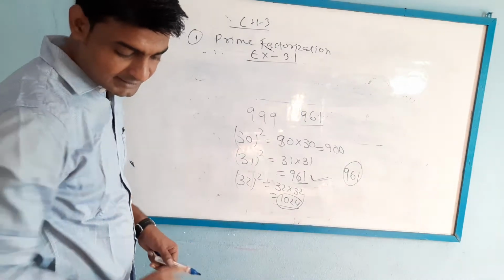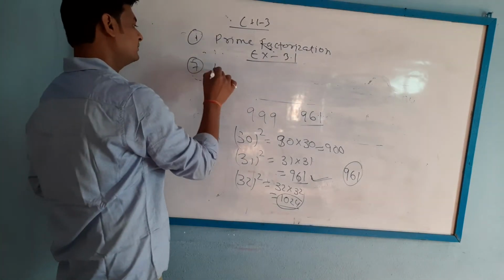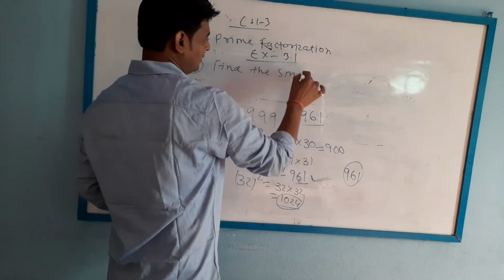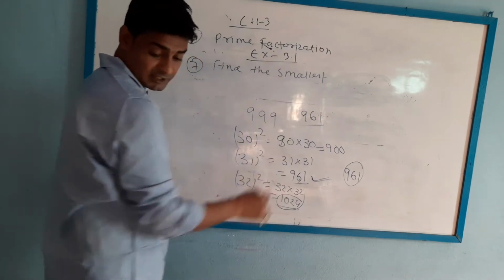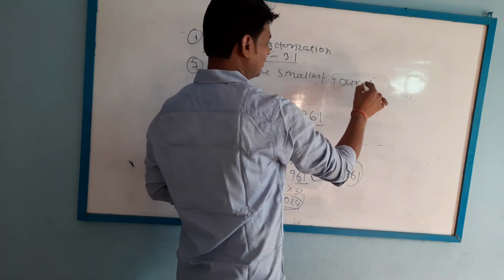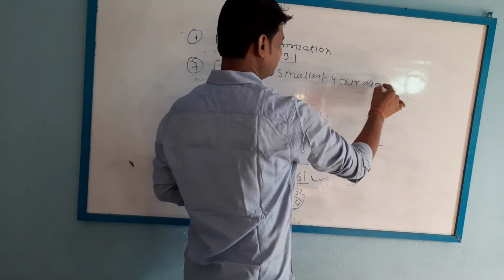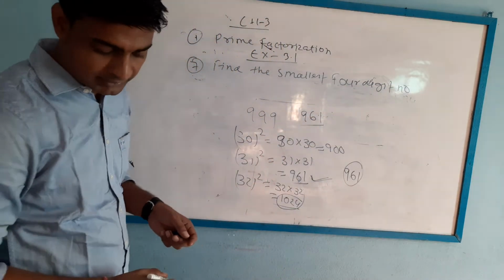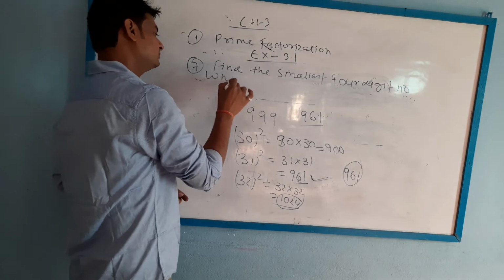Next question is number 7. Find the smallest 4-digit number which is a perfect square.